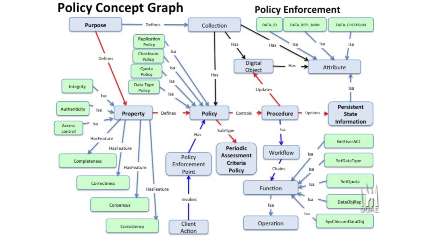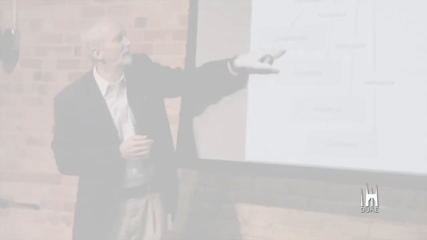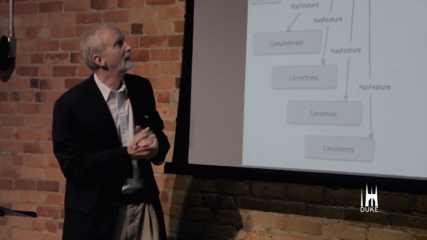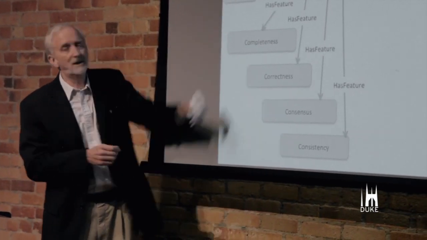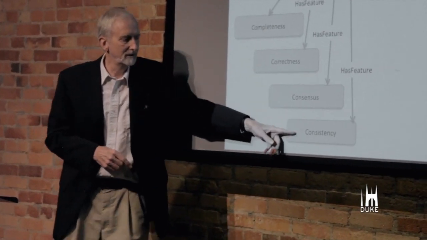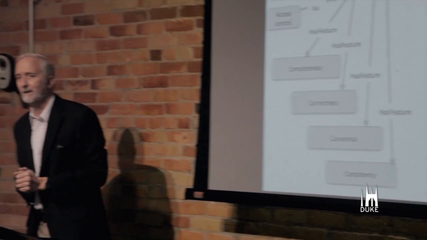So I want this to have integrity, authenticity, and have access controls. Each of those properties themselves have features. I want integrity to apply to all of the objects in the collection. I want to be able to verify that the integrity algorithm works correctly. I want it to represent the consensus of my community, etc.